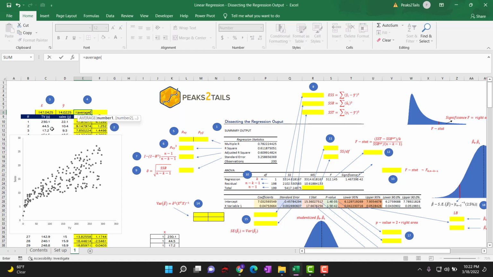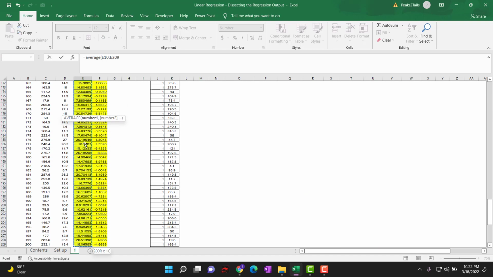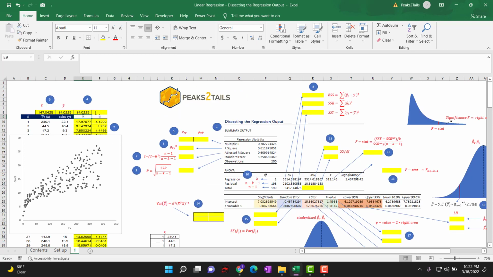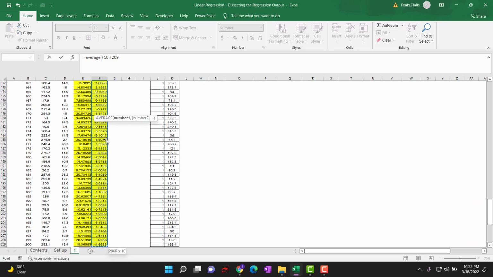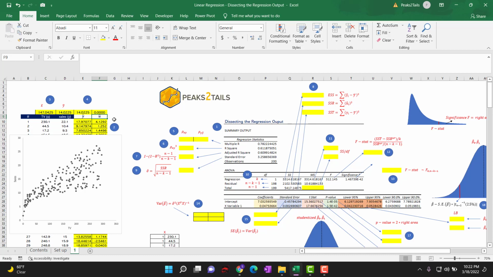Average of predicted Ys, it's same as the average of the actual Ys. And the average of the residuals is 0. So let's verify that. Residuals is 0. Alright.